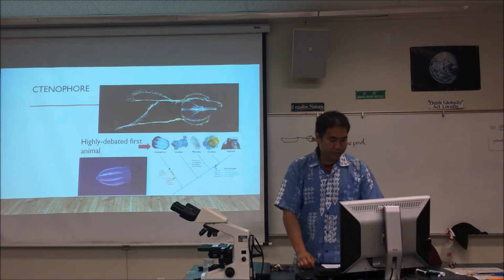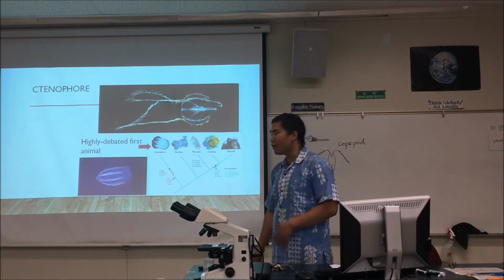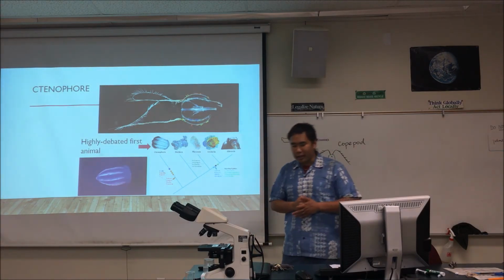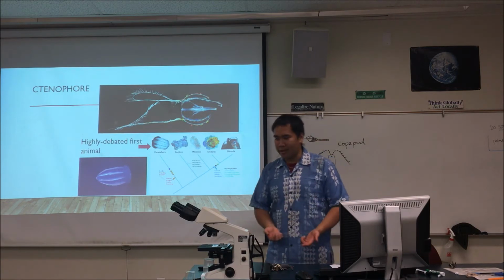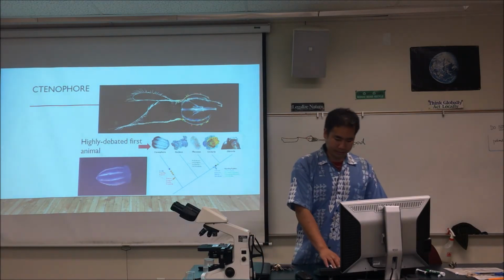Super simple organisms. Okay, so now we know what a comb jelly actually is. A comb jelly is in the phylum Ctenophora, and it is a type of holoplankton, so they stay plankton their whole lives.